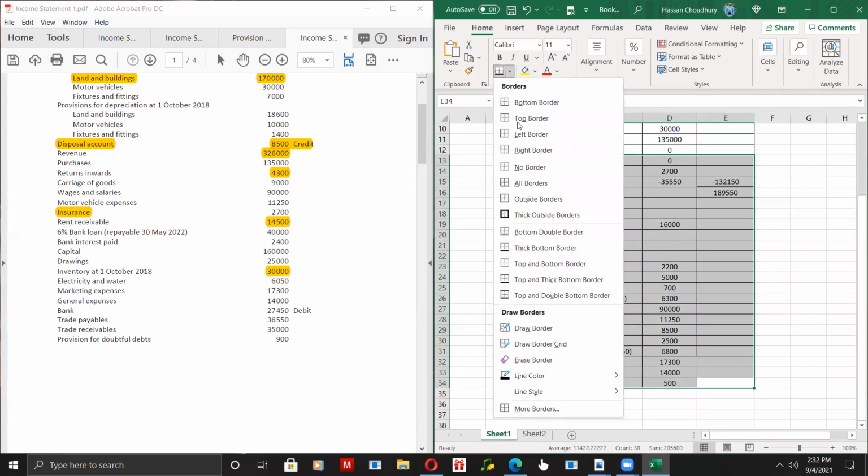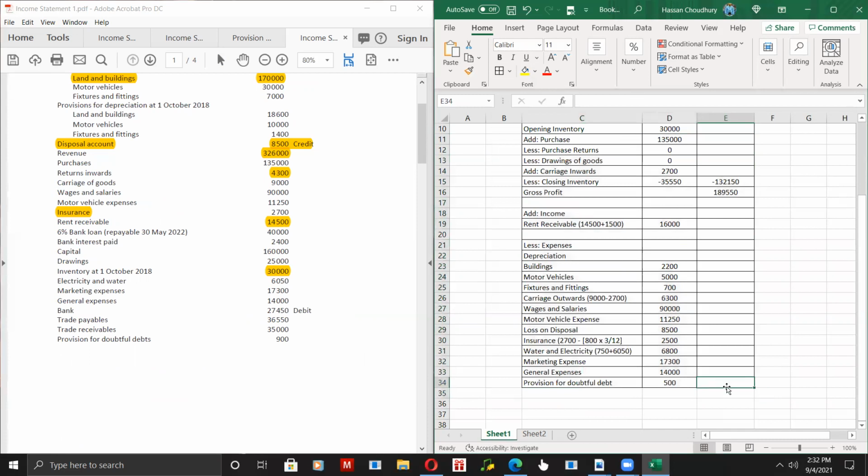You put your little borders. Now what you need to do is add all these expenses. Right, so this is my total expenses. Now my income, because it's one item, I can shift it over here. Now you've got to do your profit for the year.